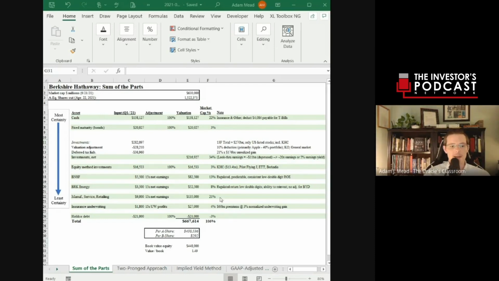Now, here I just want to highlight the detail that Chris Bloomstrand went into on his presentation, and some of the quirks that come with Berkshire's accounting. The BYD shares, BYD being a Chinese electric car manufacturer, an investment that Charlie Munger pushed Berkshire to make, actually reside on the books of Berkshire Hathaway Energy.